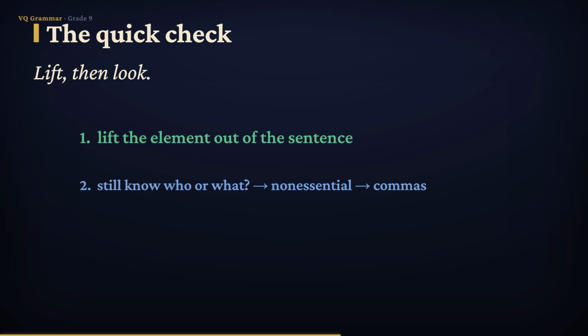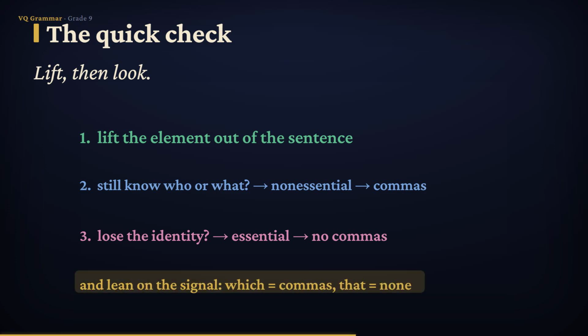Step 3. If lifting it out costs you the identity, if you no longer know which one, then it was essential, so leave the commas off. And when you're unsure, lean on that little signal. A which clause usually wants commas. A that clause usually wants none. Let's put it to work.